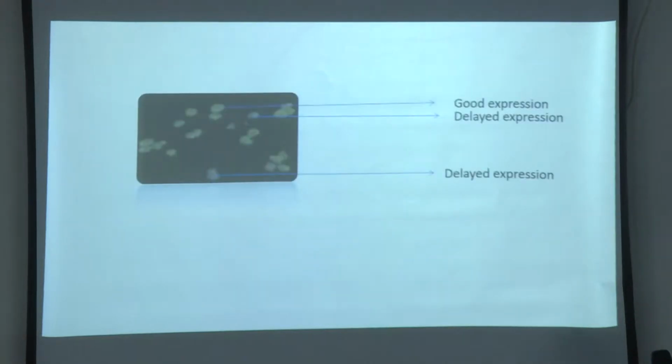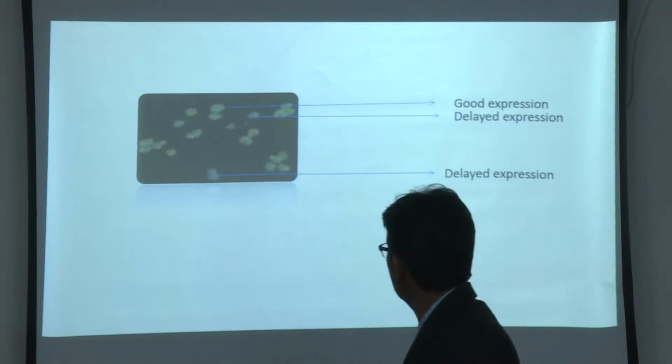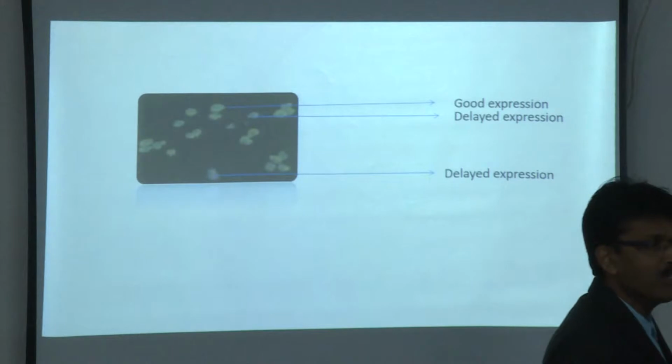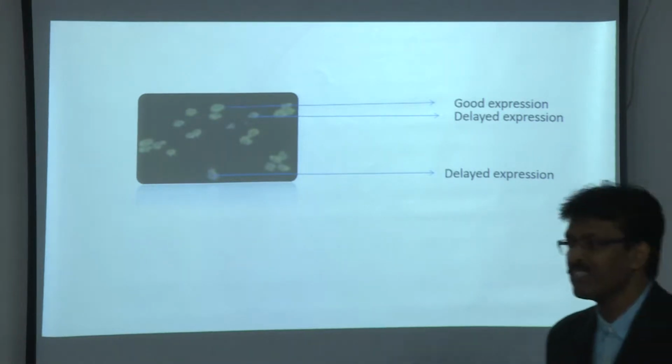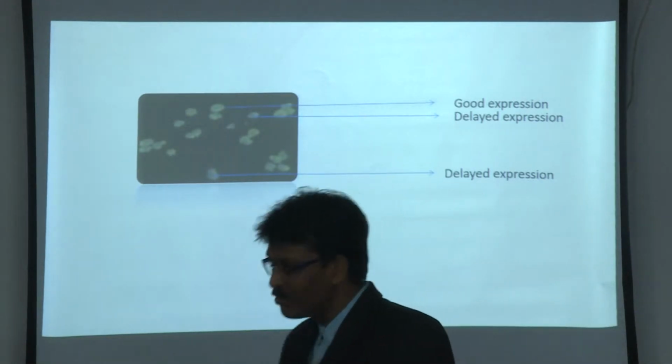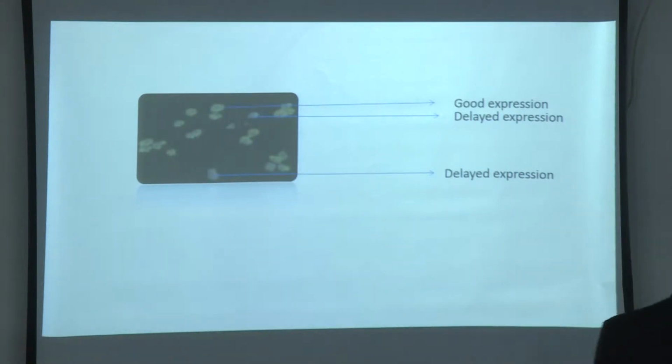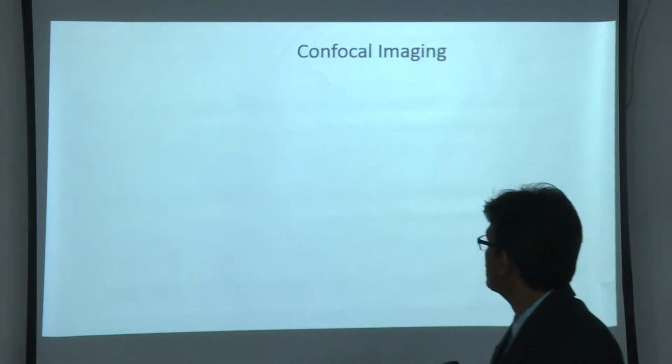Okay, and these are some of the factors you need to keep in mind. Right in the colony itself, you can differentiate which one is giving excellent fluorescence, which one is giving intermediate fluorescence, or which one is not giving fluorescence at all. So this is a good expression, this is a delayed expression, so these are some of the observations.